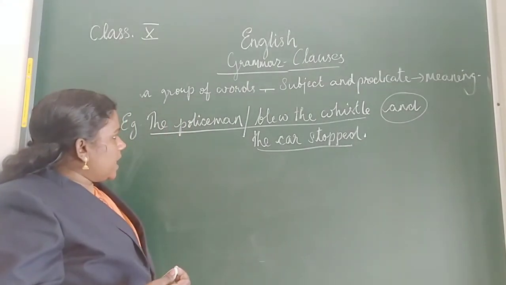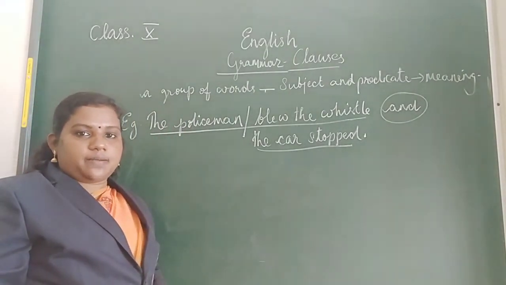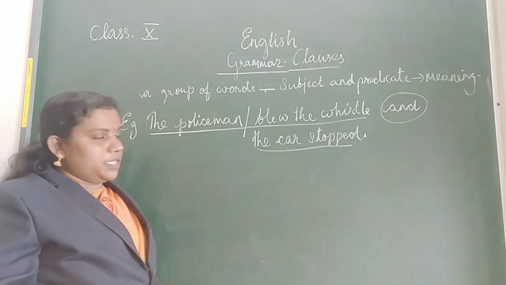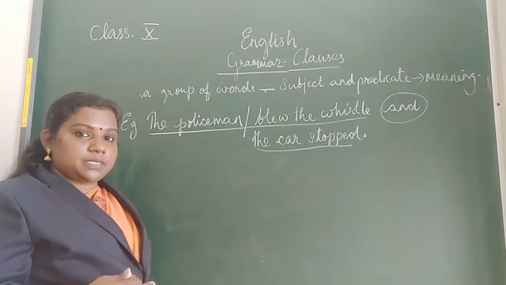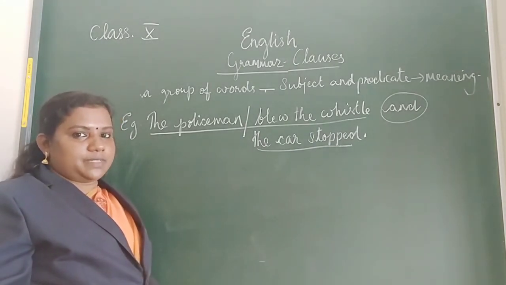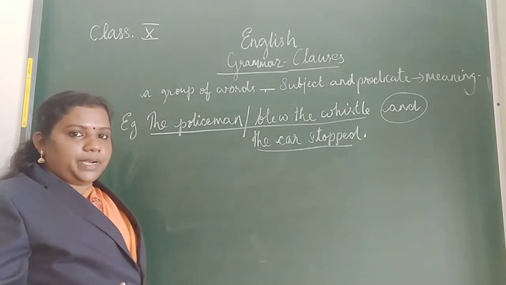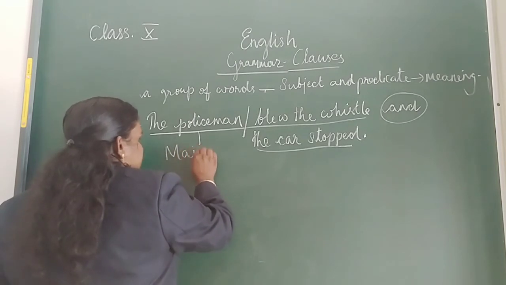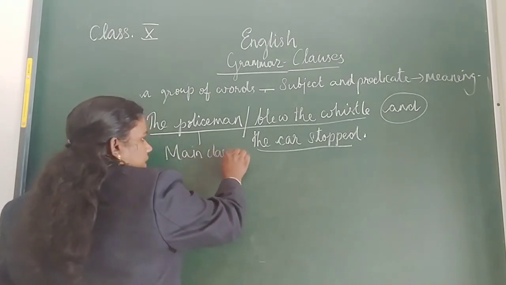The policeman blew the whistle. That is a complete meaning. Who blew the whistle? The policeman. What had the policeman done? He had blown the whistle. So we can get a complete meaning. This is a main clause. The car stopped.